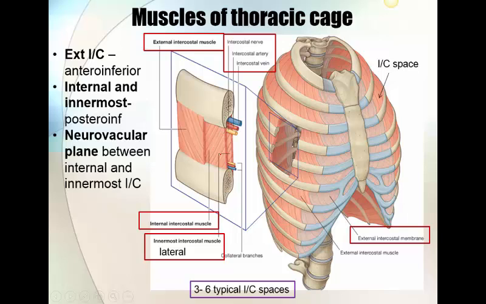So here you can see an external intercostal. Second layer is internal intercostal, and the third layer is innermost intercostal, which, as I told you, is present in the middle, this lateral part of the thoracic cage. You don't see it posteriorly and you don't see it anteriorly because it's replaced by other muscles over here.